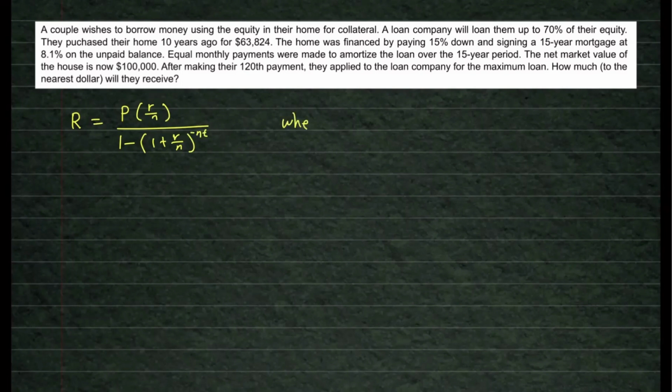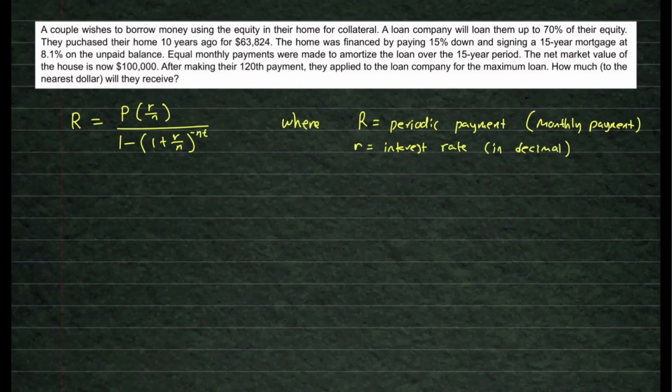Here, all of these variables: big R represents our periodic payment, and in this problem we're going to call that the monthly payment, because that is a periodic payment that you're going to be making. Then the little r is, of course, the interest rate in decimal, so we'll convert percentage into decimal. Then we have the little n in the formula.